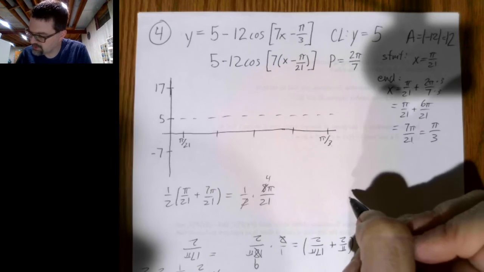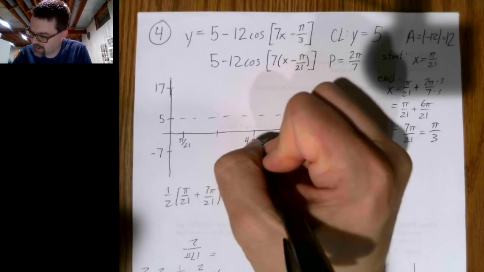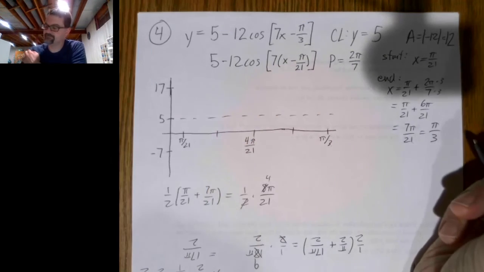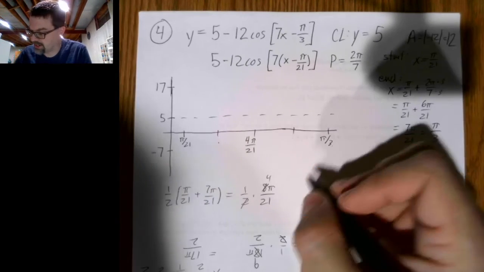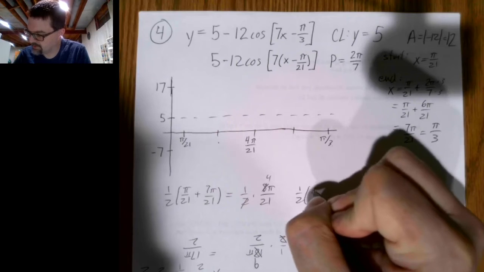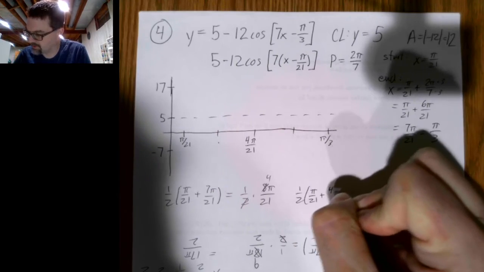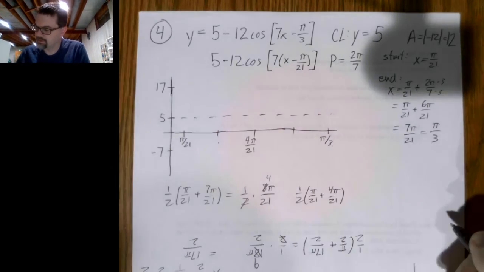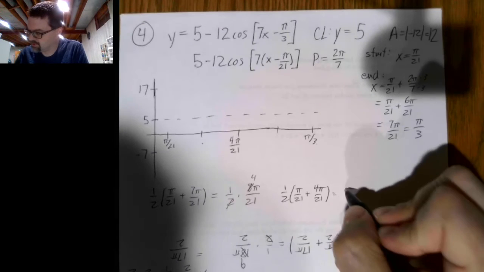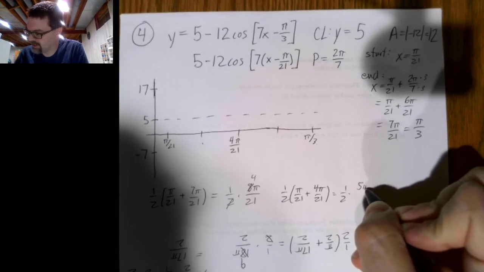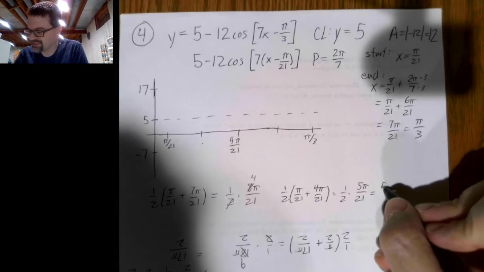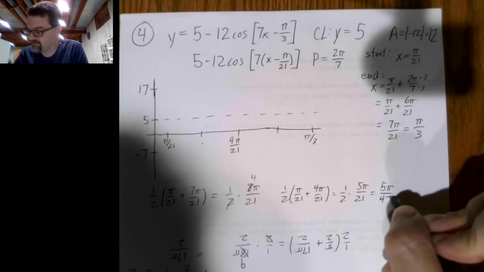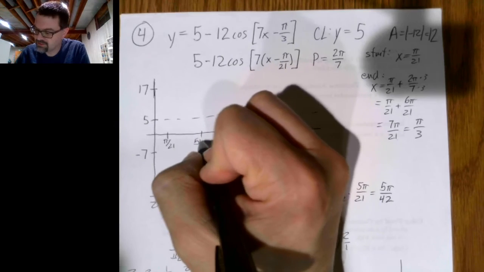Little cancel, and we get 4 pi over 21. All right, so how about this guy? 1/2. At least we got the same denominator already. So that adds up to 5 pi's over 21 with no canceling, so 5 pi over 42.